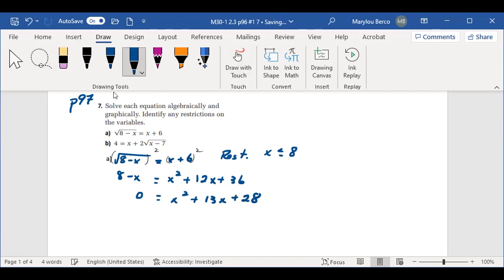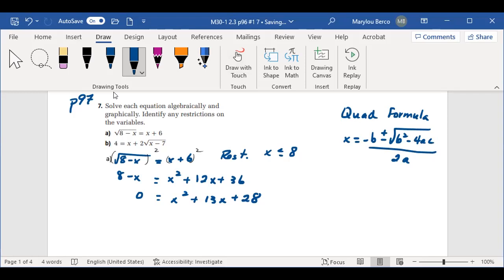Okay, so to solve the equation algebraically, we need to use the quadratic formula, which is x equals negative b plus or minus the square root of b squared minus 4ac all over 2a. Okay, you won't have to memorize that.